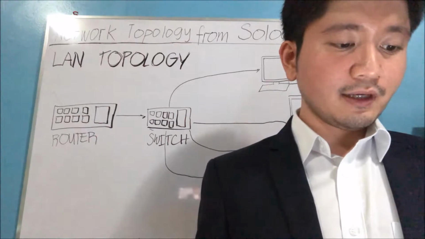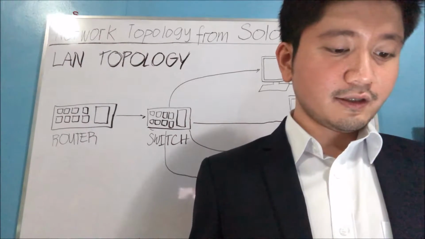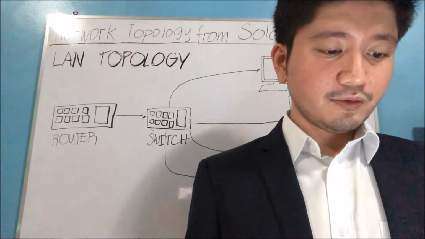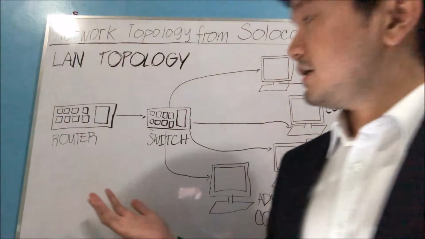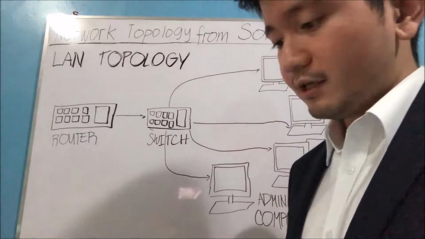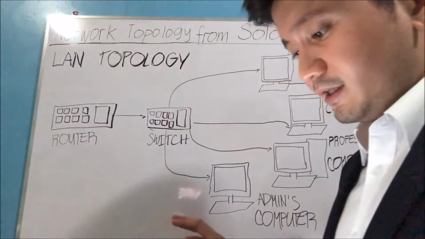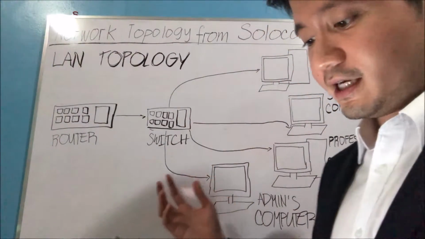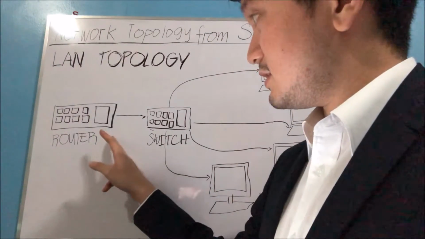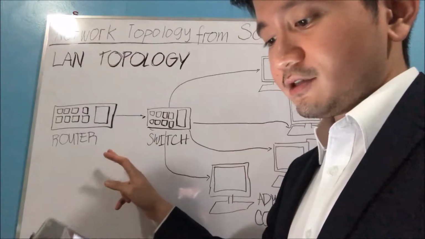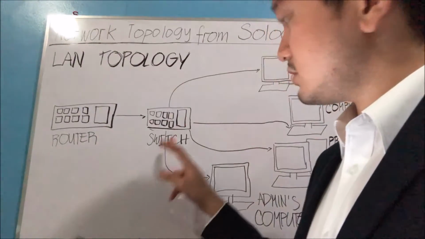So in a LAN topology, we are going to be discussing our design. First, the LAN network which was designed makes use of access routers. This is an access router which is connected to the distribution switch.